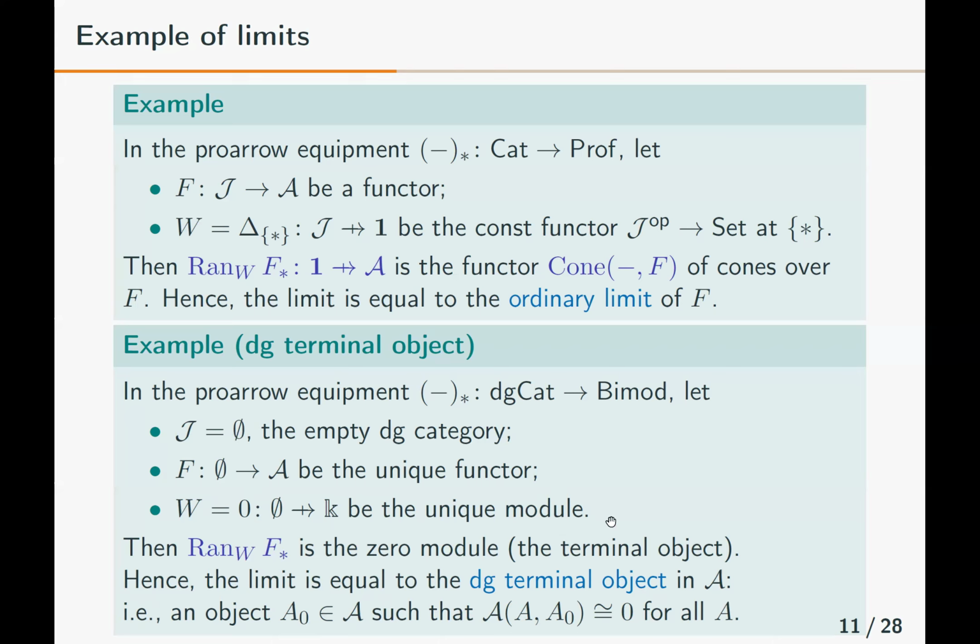Then the corresponding limit is precisely a DG terminal object. In other words, it is an object A0 in A such that for all objects A, the Hom complexes Hom(A, A0) are zero complexes.